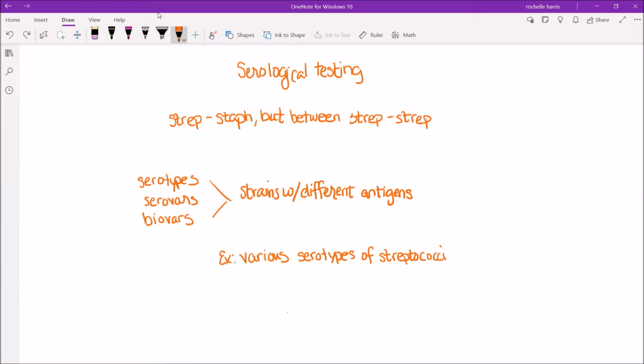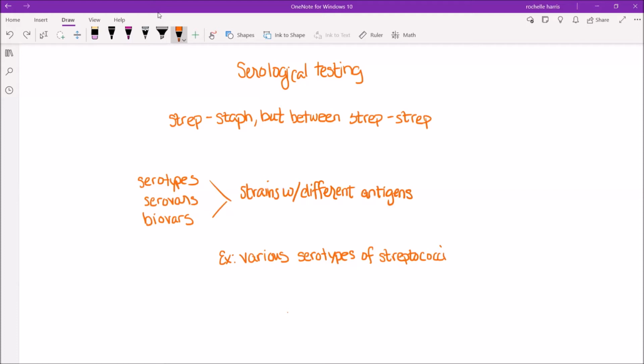So an example here, we have various serotypes of streptococci. Within the cell wall, for example, there are different types of antigens. Each specific antigen can then cause the formation of specific antibodies to that antigen.